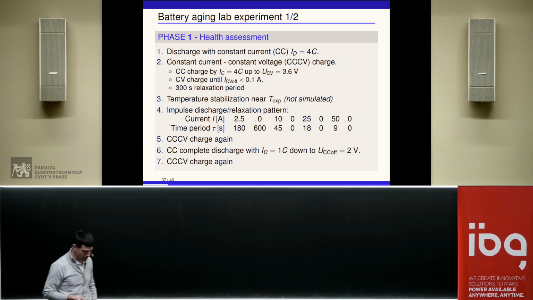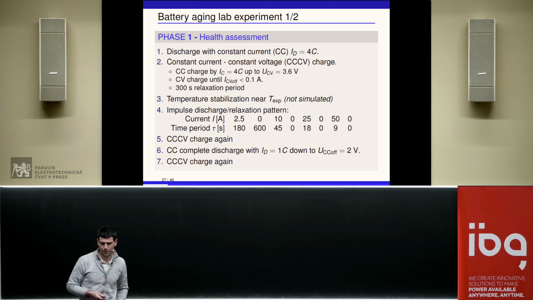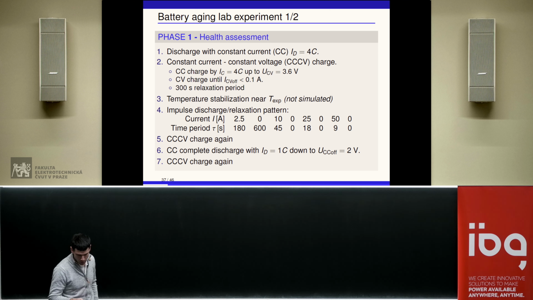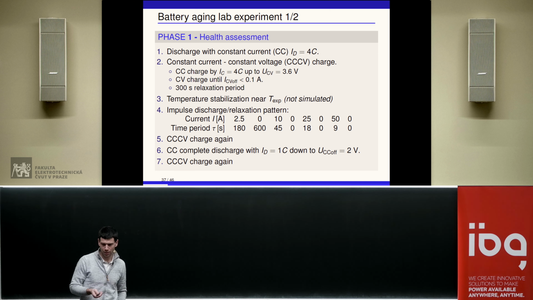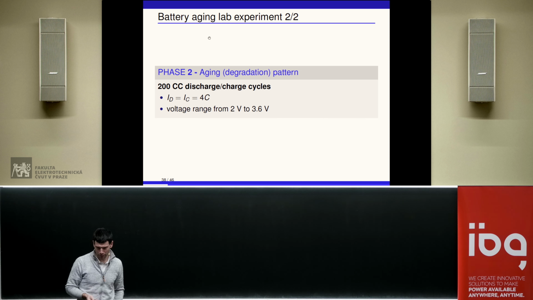And now for the aging, we had quite a complex procedure for the experimental determination of aging, where always some number of discharge and charge cycles were performed, and then it was followed by a procedure of determining the impulse response and some other characteristics, with which the colleagues at Honeywell tried to determine the state of health of the battery.